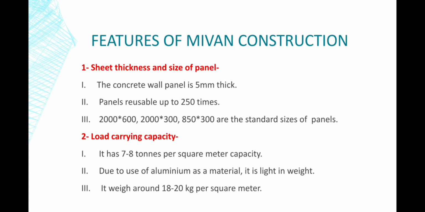The standard sizes of panels are 2000 by 600, 2000 by 300 and 850 by 300. It has a load carrying capacity of 7 to 8 tons per square meter. And due to the use of aluminum as a material, it is light in weight, around 18 to 20 kg per square meter.